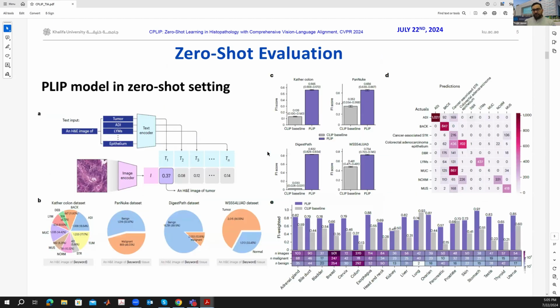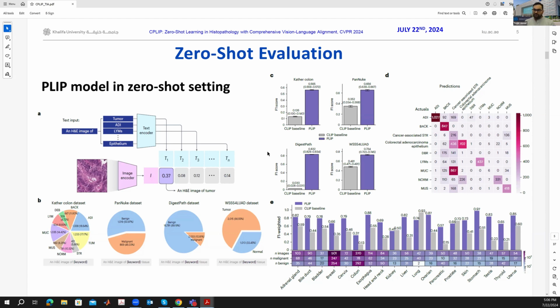If we apply the zero-shot evaluation using the PLIP model, what we call inference, given an unlabeled histology image and input text such as an H&E image of a tumor, adipose, lymphocyte, epithelium, or a couple more classes you would like to add, the idea is to align the textual description with the input histology image.